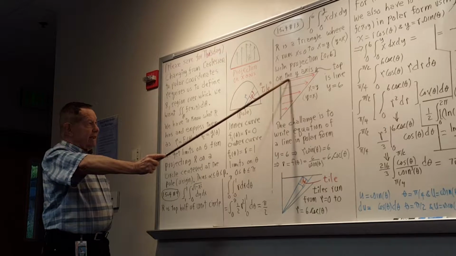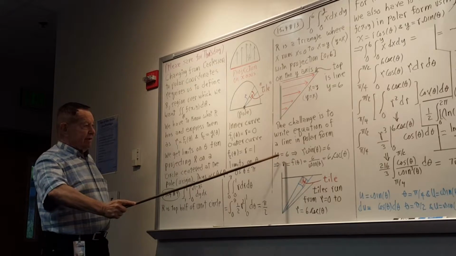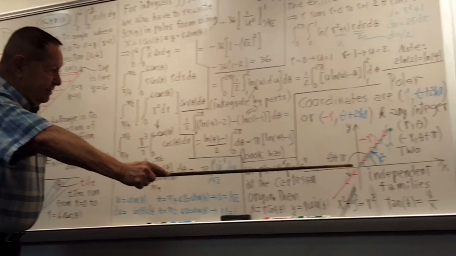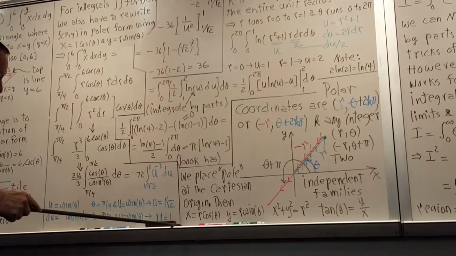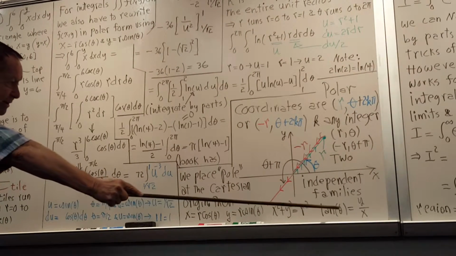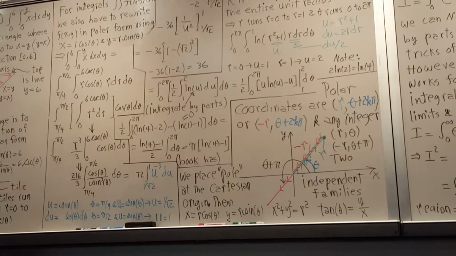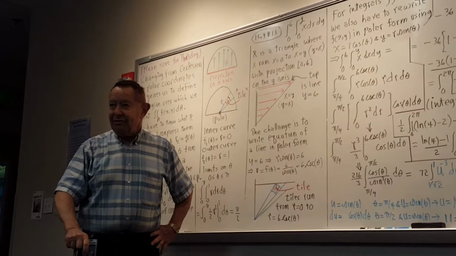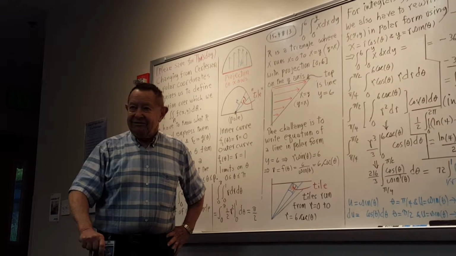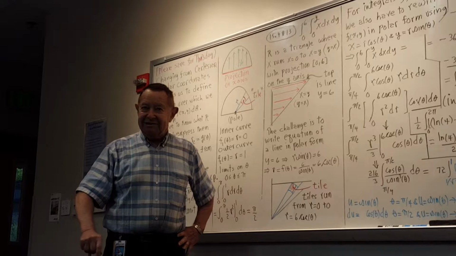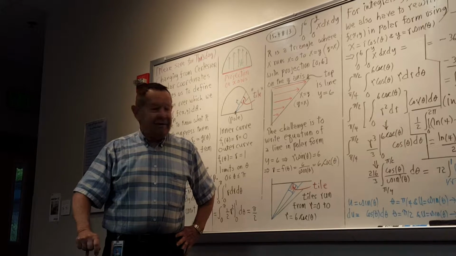Well, this is the line y equals 6. So if you've taken your pole at the origin, then you get these connections between polar and Cartesian coordinates, which you should have been told about in Math 143 or 144 or 147, something like that.